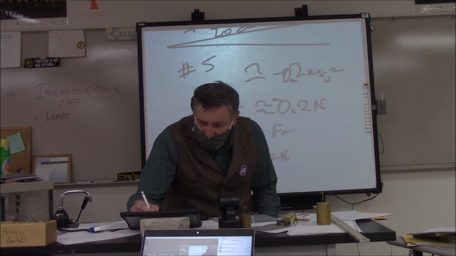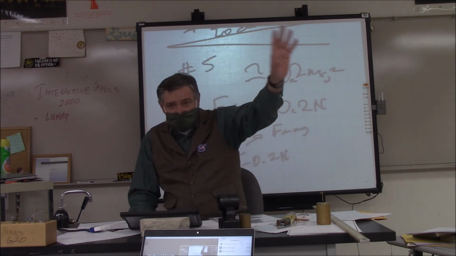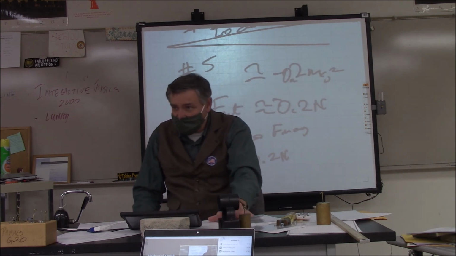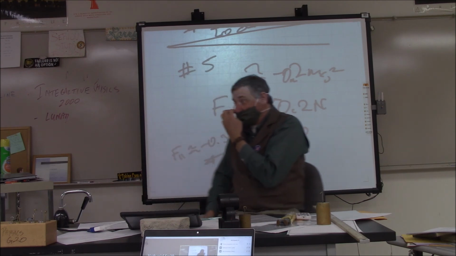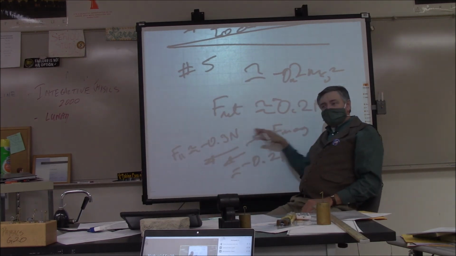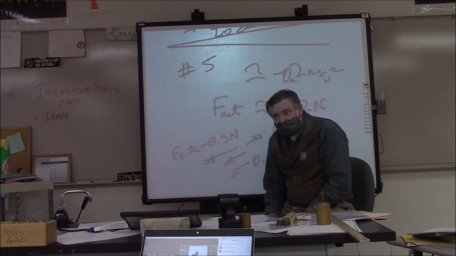So here's what you know about the force of the magnet. You know it has to be pointing up the hill because it's slowing it down. So therefore, you know it has to be a positive number, and you know it can't be bigger than 0.3. Because if it was bigger than 0.3, guess what? The thing wouldn't move.